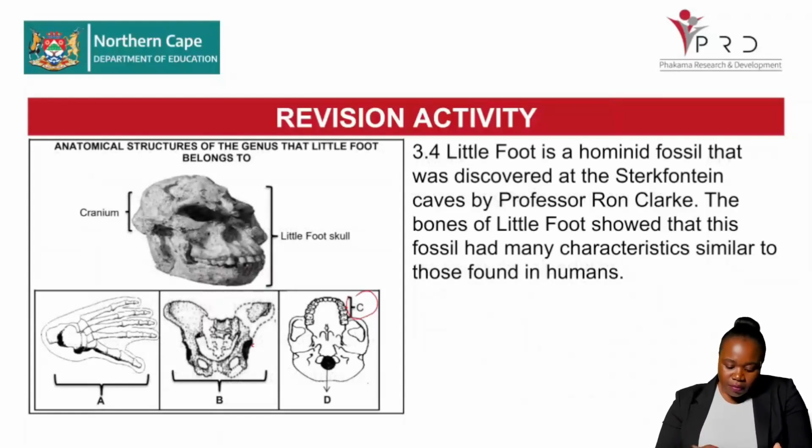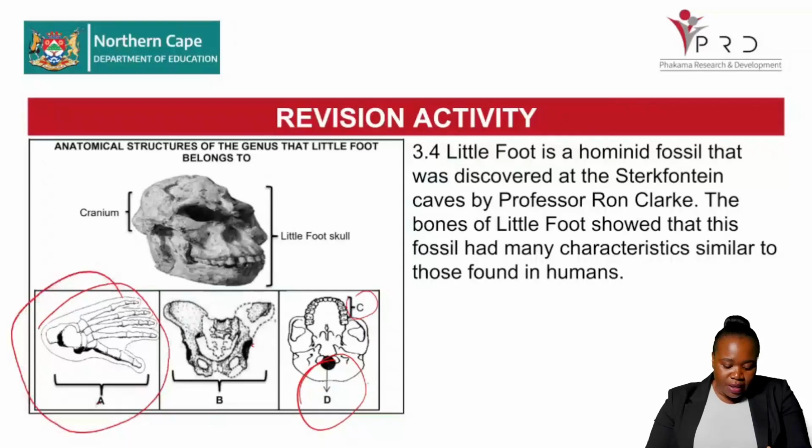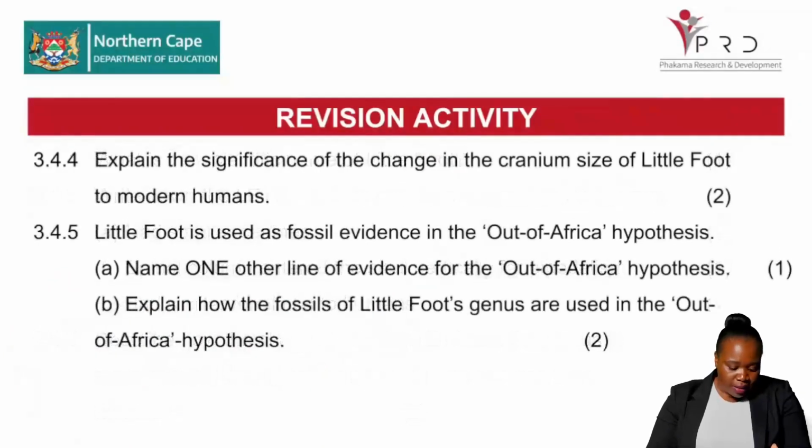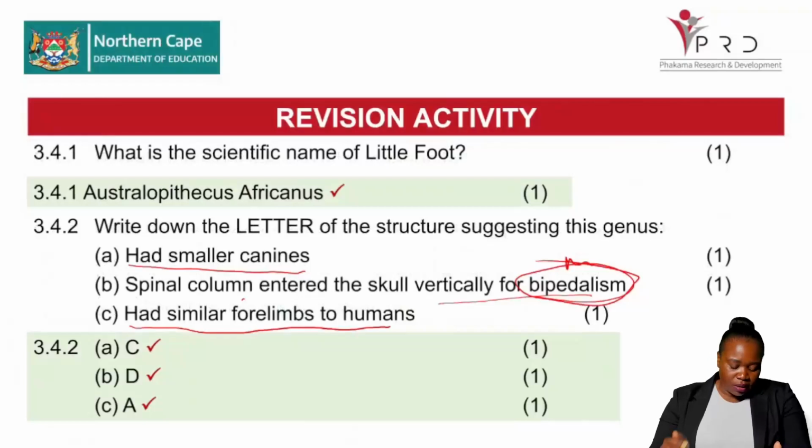And then the foramen magnum would be part D, entering more vertically, and then similar forearms as humans, it would be A. All right, that would be our answers for those questions, the C, D, and A.